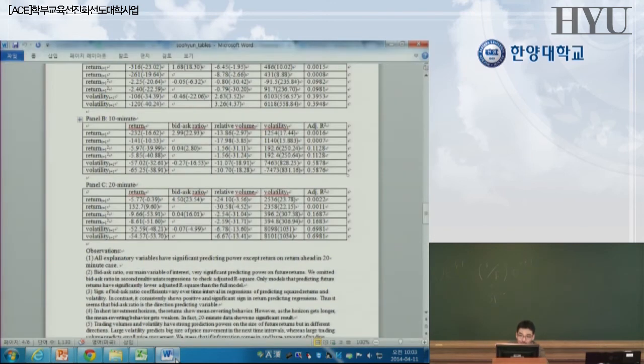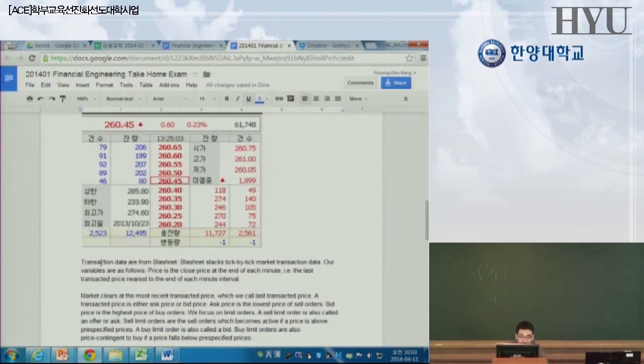I obtained my transaction data from FlashNet, a commercial data vendor, and FlashNet stores data tick by tick. In the market, every moment is a movement, tick by tick; a tick is each unit.